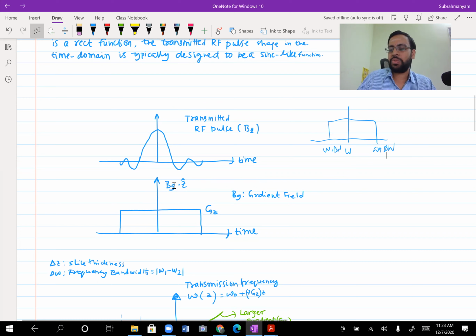From the moment you withdraw your B1 field. How the magnitude of your vector capital M bar in the XY plane is changing, you refer to as transverse relaxation or free induction decay, FID, and its projection on the Z axis, you refer to as T1 relaxation.